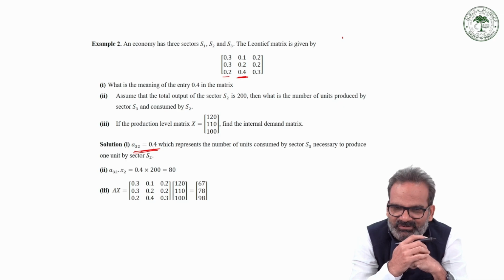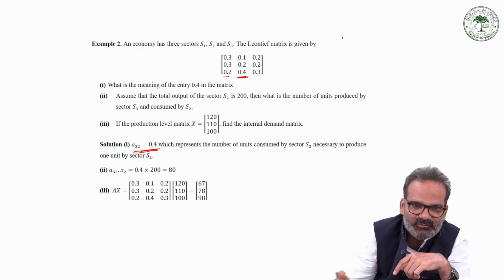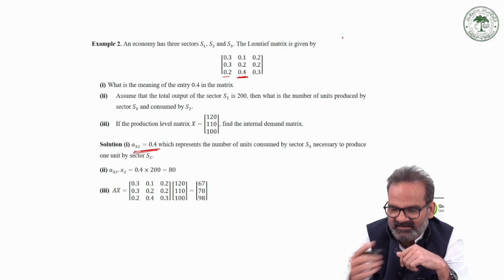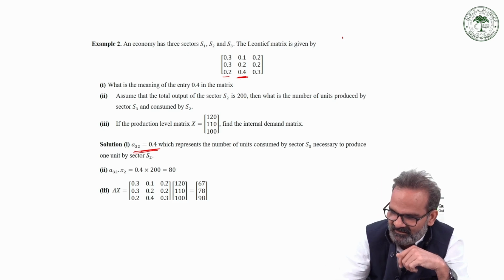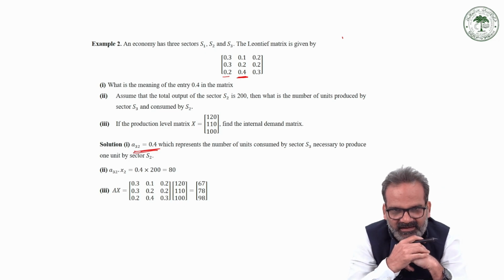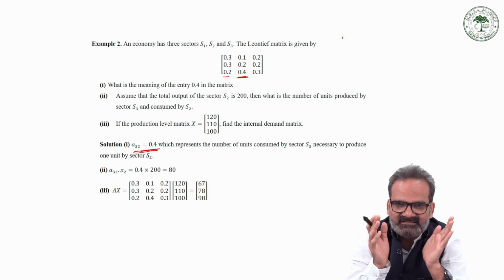The number of units consumed by sector S3 necessary to produce 1 unit of sector S2. This number A32 simply represents the number of units consumed by sector S3 necessary to produce 1 unit by sector S2. Clear?